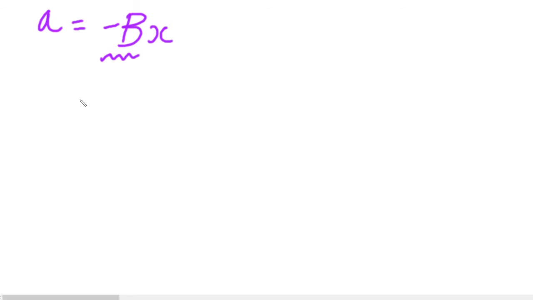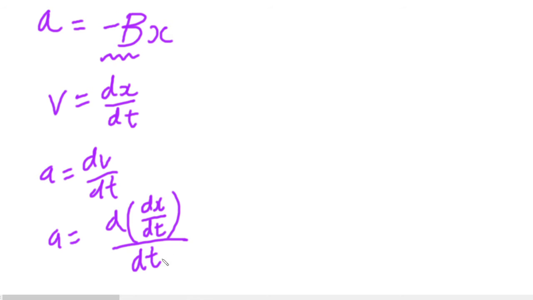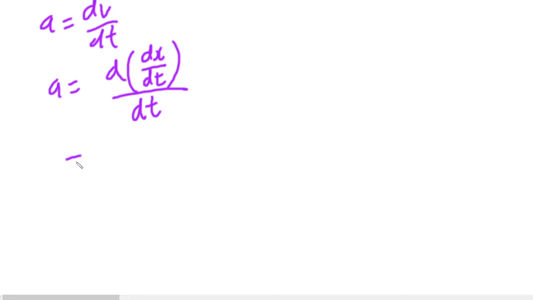So if velocity is dx by dt, and acceleration is dv by dt, then acceleration is d of dx by dt, by dt, which we tend to write as d squared x over dt squared, which is probably the notation you saw being used for this kind of thing before. So d squared x divided by dt squared is a.